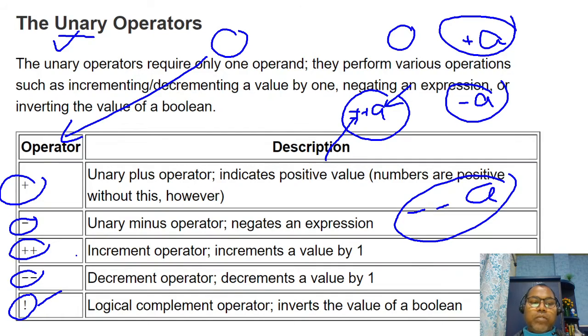Plus plus is increment by 1. So we associate only one operand with this operator, known as the unary operator.